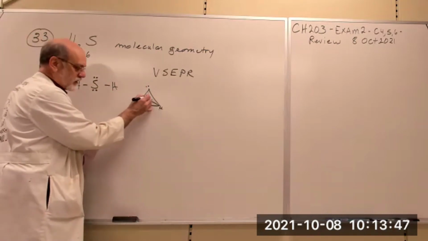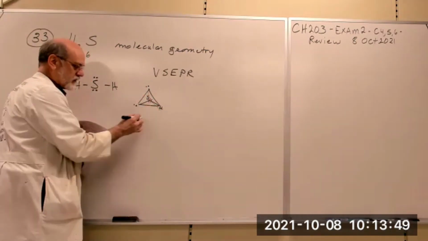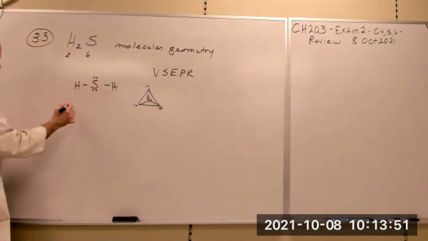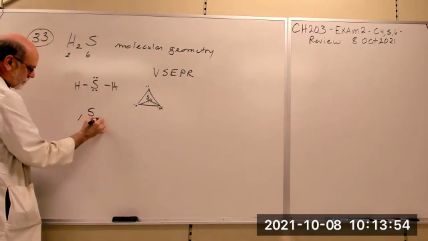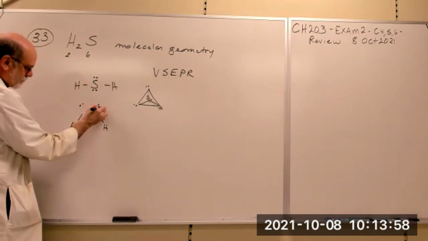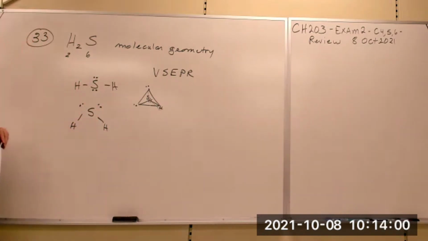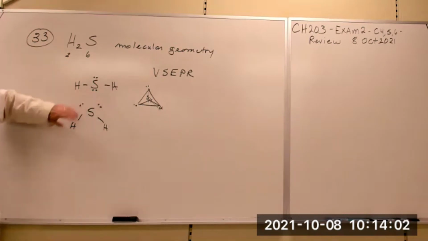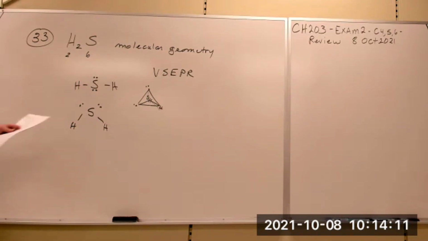Well, if you connect this one and that one together, let's rotate it a little bit. Now, if you cover them up, you have a bent molecule, or some books say angular. Same as water. Water's like that too.